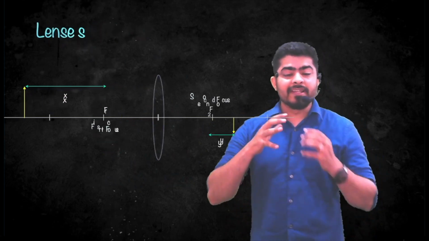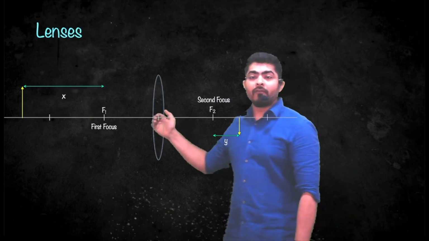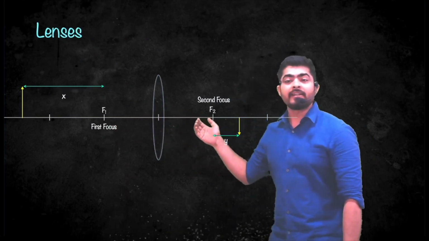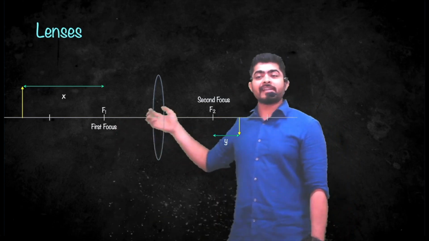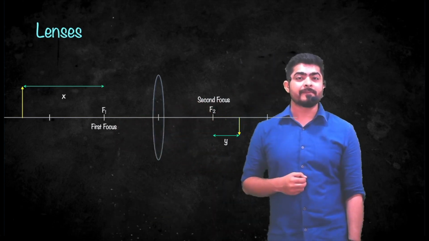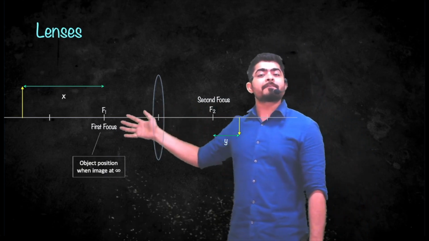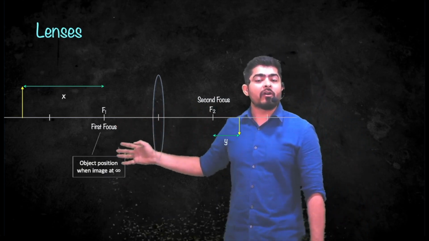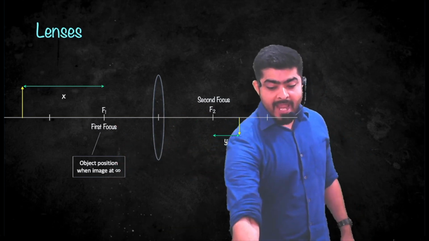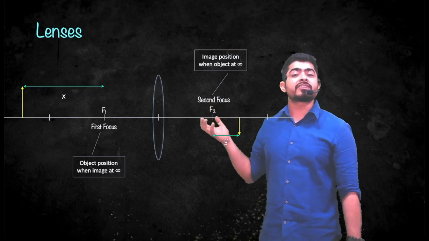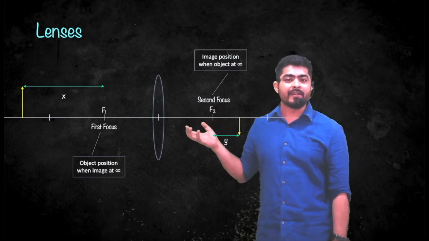Now in the case of lens we have got 2 focal points, one on this side and one on the other side, right? One focus is called the first focus and the second one is called the second focus. What are their specialties? The first focus is the position where you keep the object for the image to be at infinity, and the second focus is the position of the image when the object is at infinity, right?